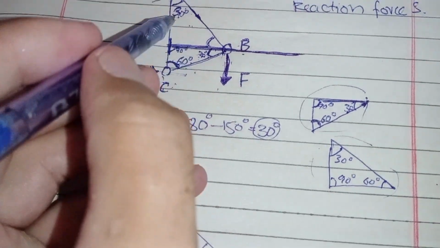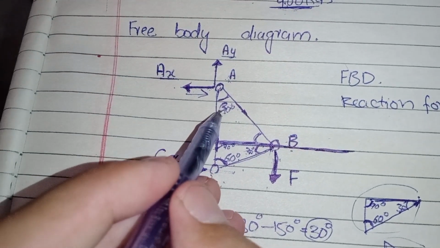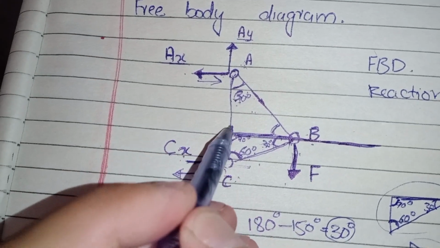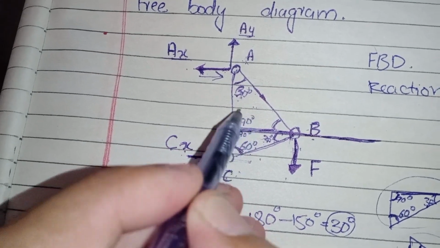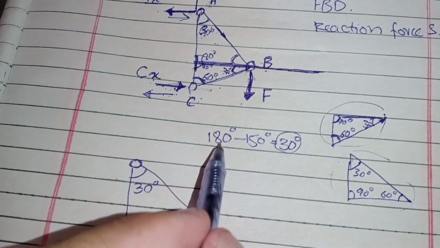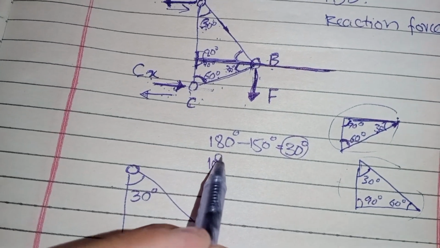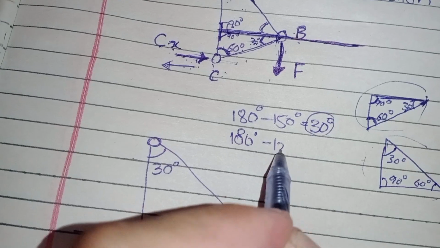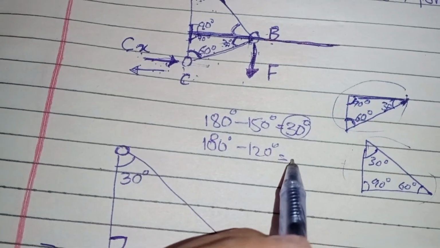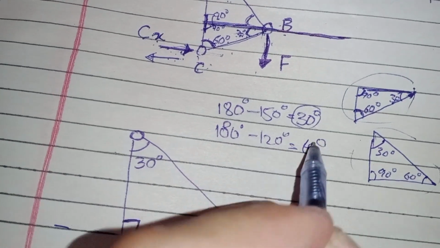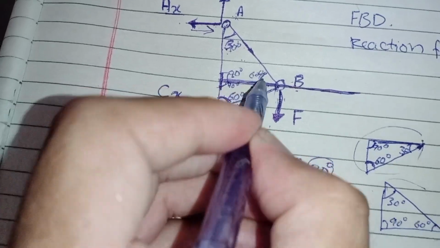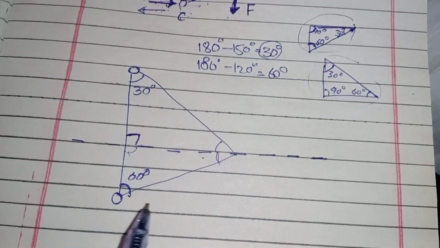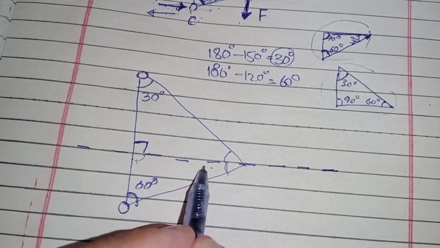Okay, and vice versa like that. 30° plus 90° is 120°, and 180° minus 120° gives an angle of 60°. So this will be 60°.